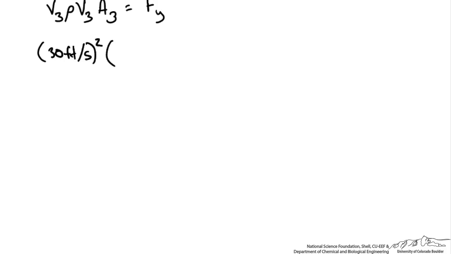We could write this as the velocity at 3 times the density of the fluid times the velocity times the area must be the force in the y direction. And we could plug in some numbers. We have 30 feet per second, squared, times our density of 1.94 slugs per foot cubed, and our area of 2 feet squared.